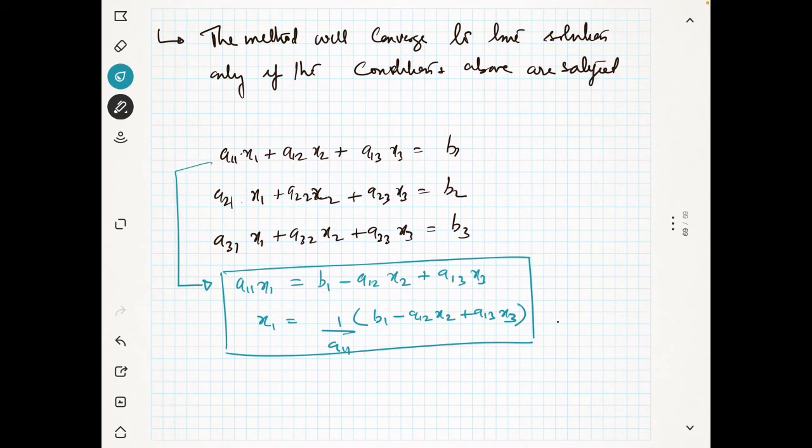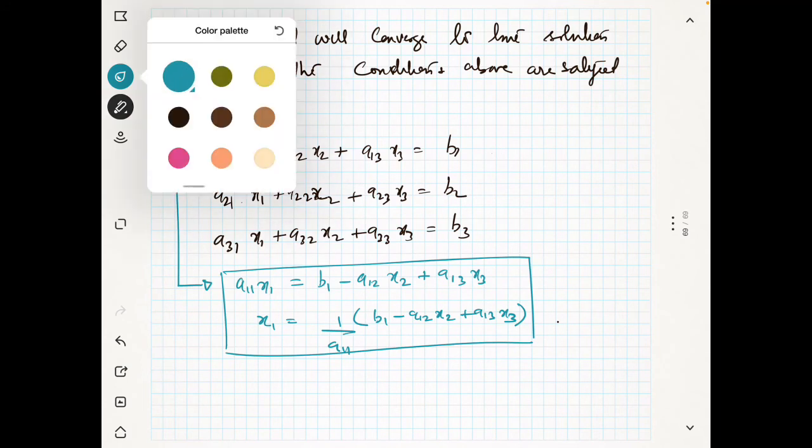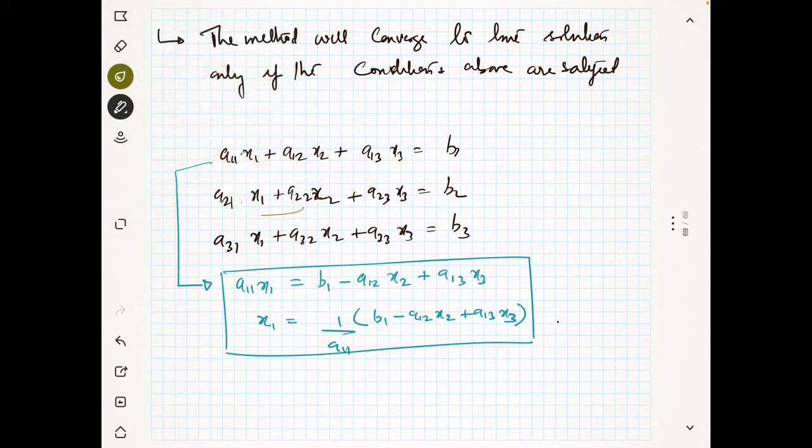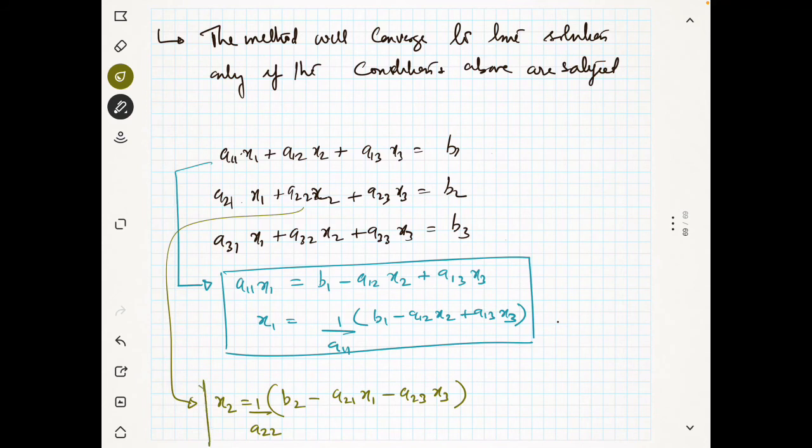Now you can write your x2 in the same way. x2 is equal to b2 minus a21 into x1 minus a23 into x3, and you have to divide by a22, just by solving the second equation.